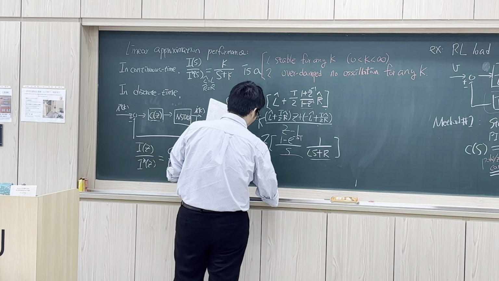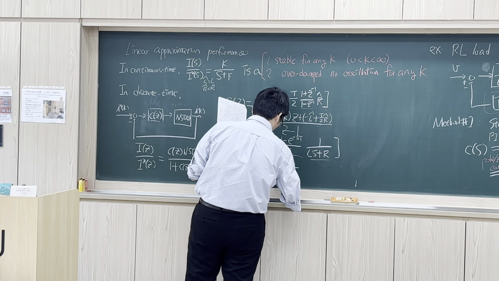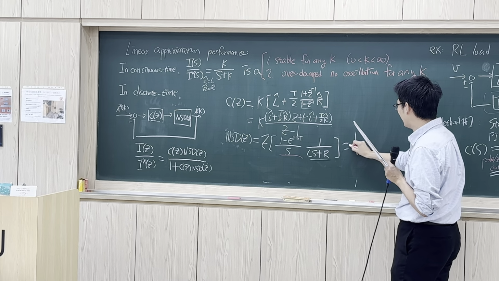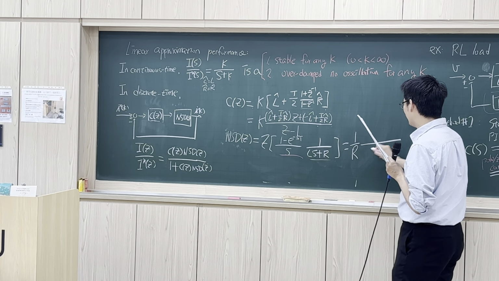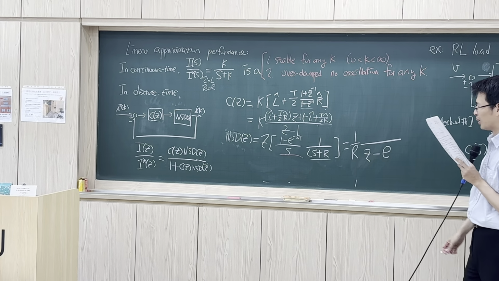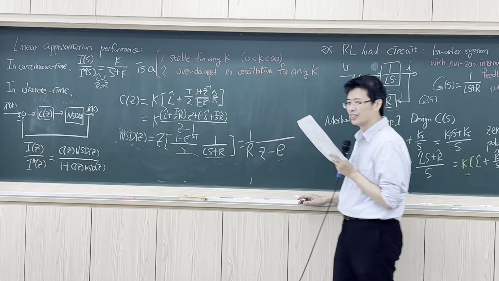Now, with zero internal feedback, Z minus one over R, Z minus exponential of minus T over L times R. A first order system with non-zero feedback should include an exponential function in its Z domain.